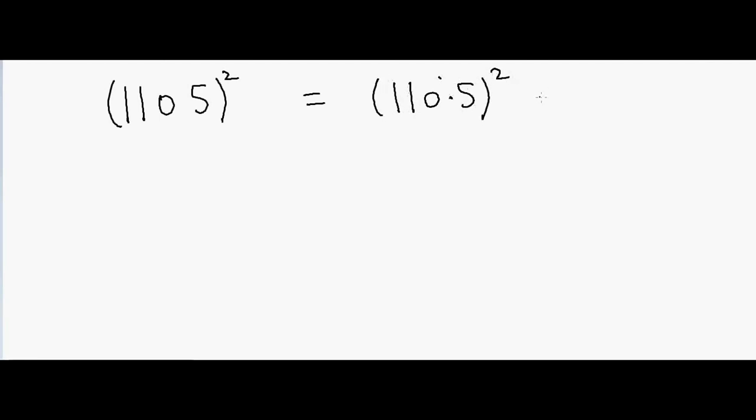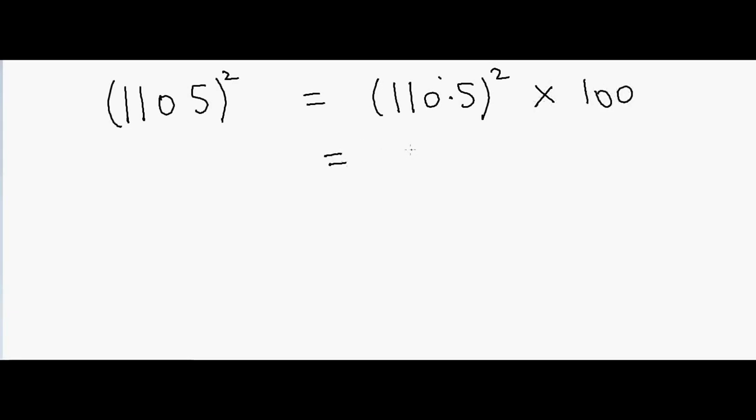Let's try one more example. Suppose I have 1105 and I want to do the square of this number, in that case I can write it as 110.5 square into 100, right?